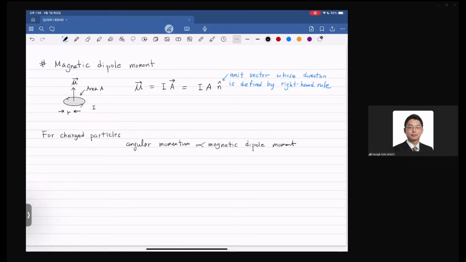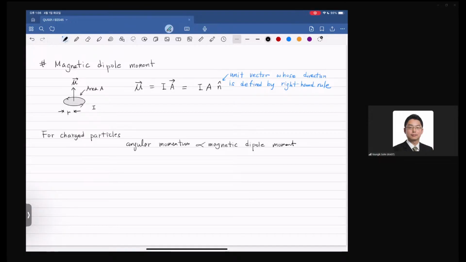I introduced the current loop, but actually you can think of it as a charged particle circling around. These charged particles will have angular momentum, just circling around.